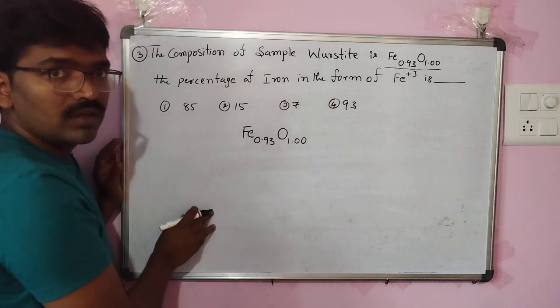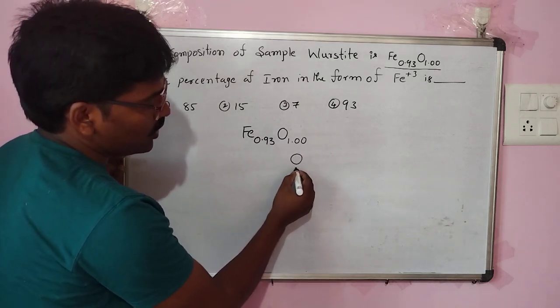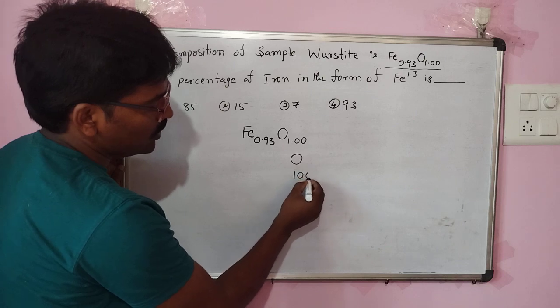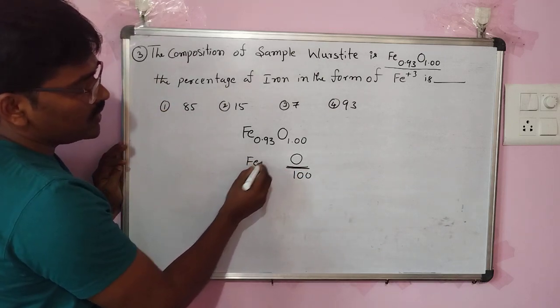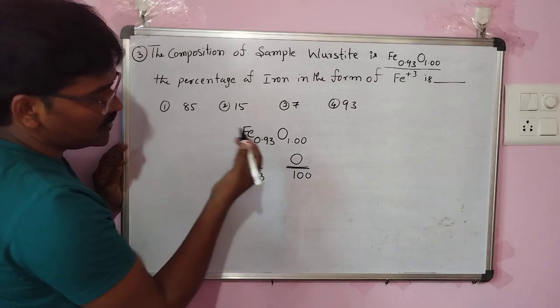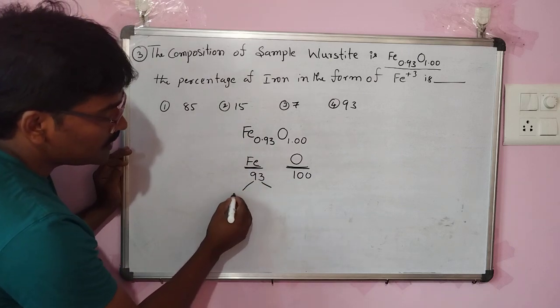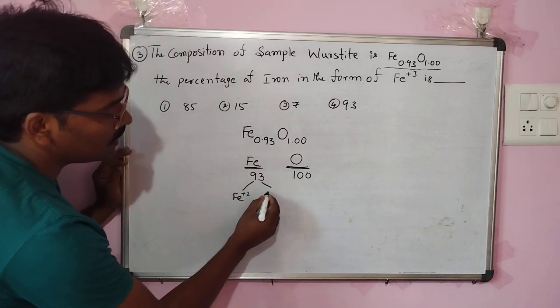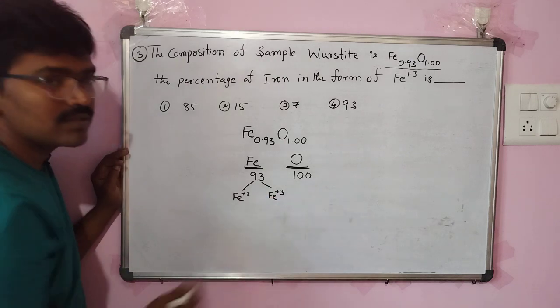So nothing but for every 100 oxygen atoms, only 93 iron atoms are present. In the 93 atoms, some are in Fe plus 2 state and some are in Fe plus 3 state.